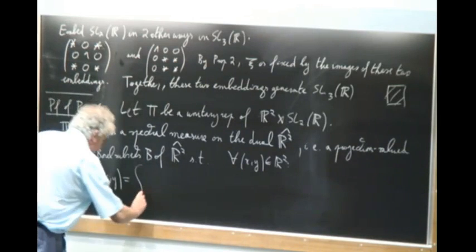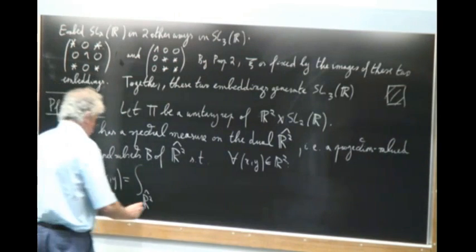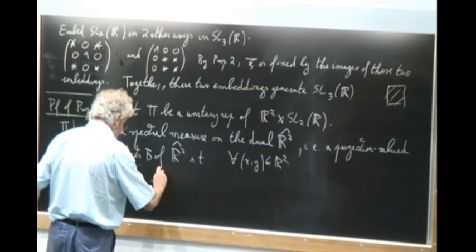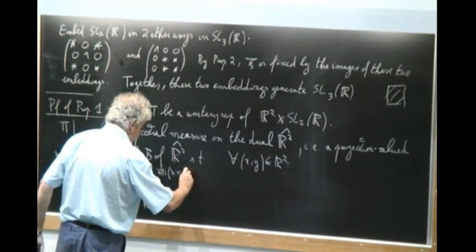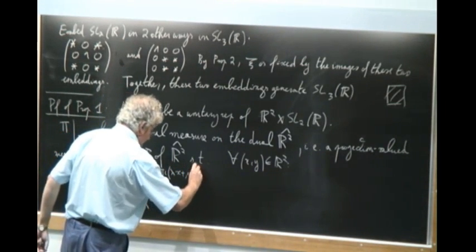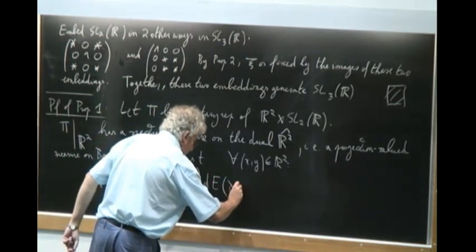Pi of xy will be the integral over R2 hat of e to the 2 pi I lambda x plus mu y dE of lambda mu.